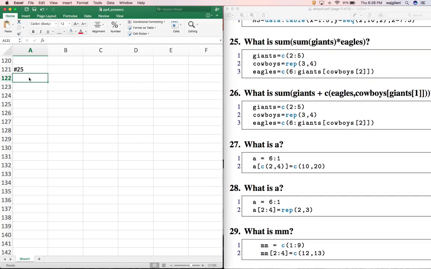Giants is going to be 2, 3, 4, 5. Easy. What is cowboys? Cowboys is just going to repeat 3 4 times. No problem there.